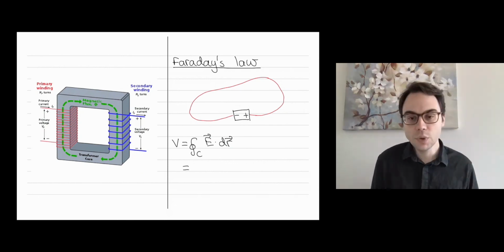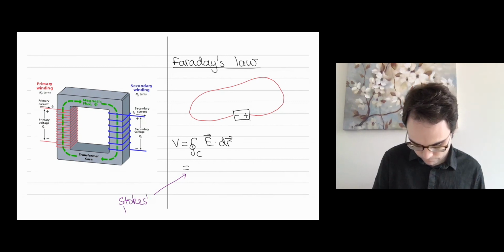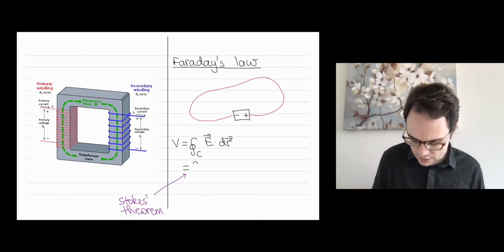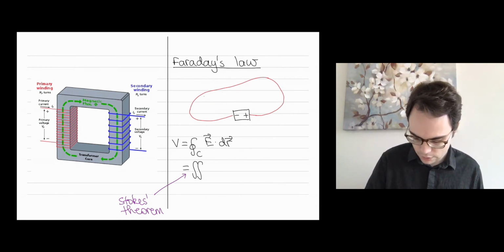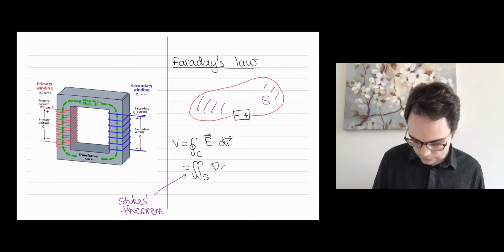And then I can compute this integral by using Stokes' theorem. So here I'm going to use Stokes' theorem. And what I get is the double integral along the surface, I'll just call this S, the surface bound by this wire, of the curl of the electric field with respect to dS.